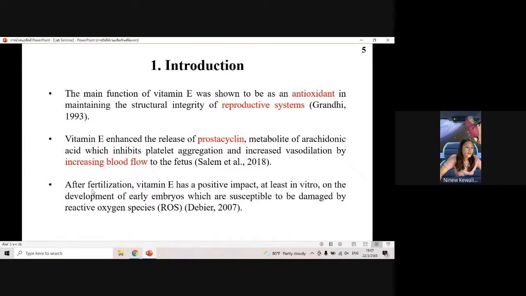On fertilization, vitamin E has a positive impact, at least in vitro, on the development of early embryos, which are susceptible to being damaged by reactive oxygen species, or ROS.